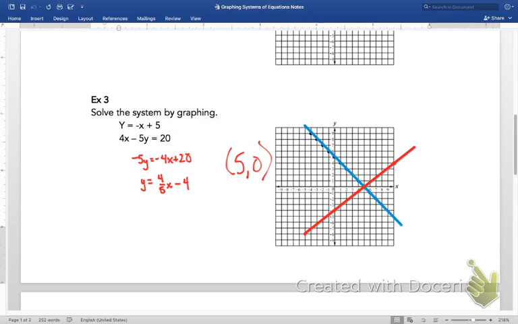Okay? If I had 0, 5, 0, 5 would have worked in the first equation, right? If I plugged in 0, 5 to here, it would have worked, right? Agreed? Yeah. What's the problem, though? It wouldn't have worked in the other one. It would have been negative 25 is equal to 20.